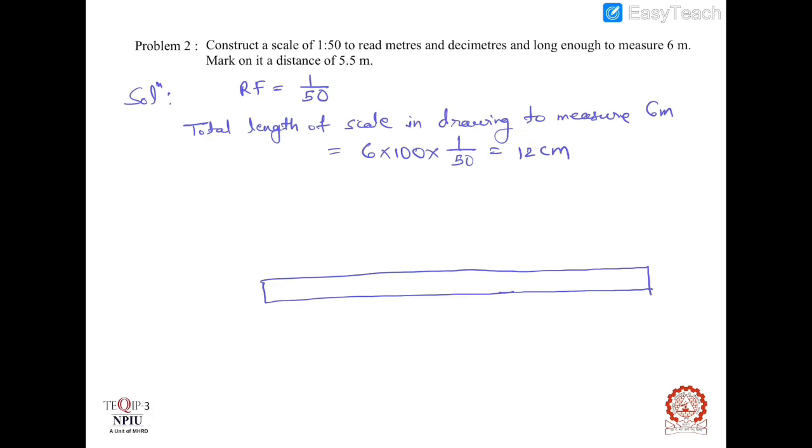So we need to make the scale which will represent meters, decimeter, and here we have to mark 5.5 meter. So this is 6 meter, so we can divide this 6 meter into 6 number of equal parts so that each division will show 1 meter.